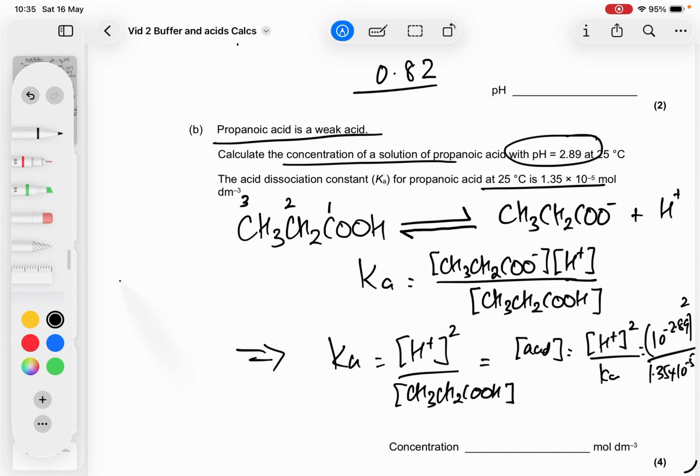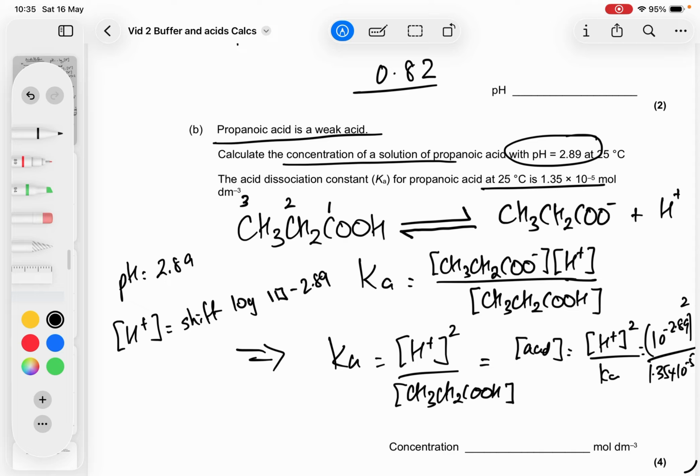So remember, if you know the pH, then to work out [H+], if you're old-fashioned like me, I do the following on my calculator. I press the shift button, then I press the log button on my calculator. My calculator is a Casio. So when I press log, I see a small 10, and then I just do minus 2.89.